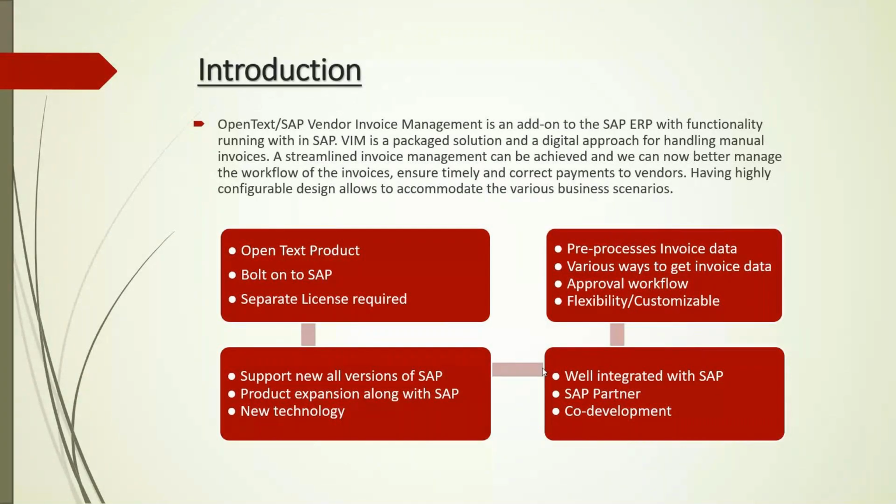Vendor invoice management comes into the picture when you have an invoice posted for any vendor. Now, there can be two kinds of invoices. One is a direct FI invoice, which can also be termed a non-PO invoice. And there is another invoice with respect to a purchase order, the PO invoice.